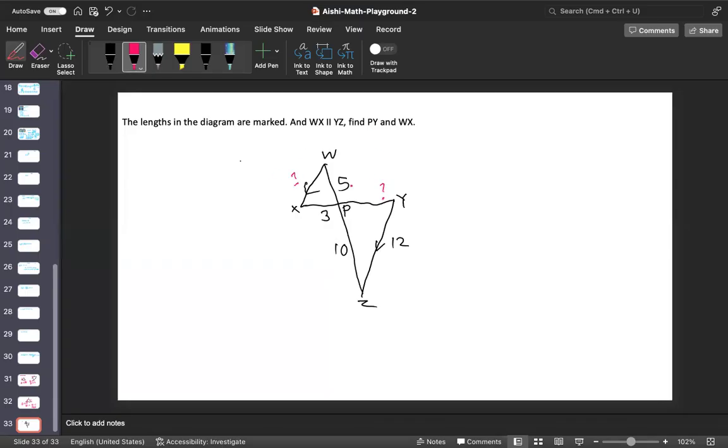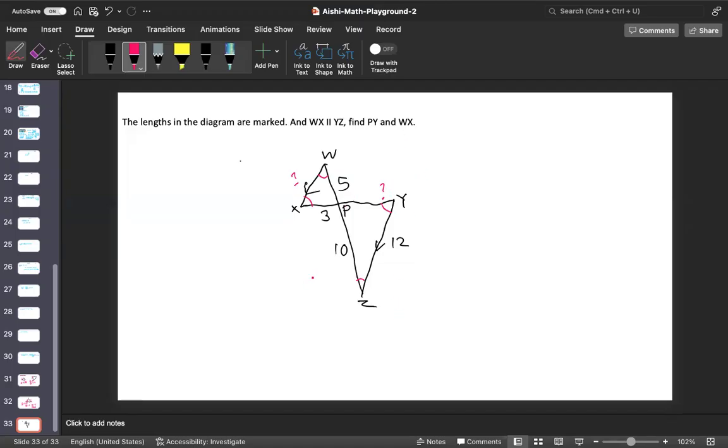So if we know that WX is parallel to YZ, we immediately know that this angle is the same as this angle and this angle is the same as this angle, which makes WXB a shrunk up rotated version of BYZ.